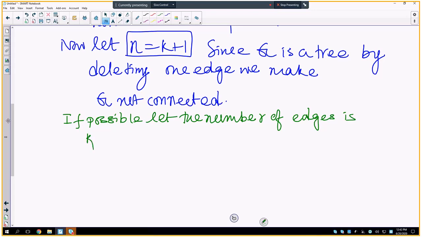If you have k plus 1 vertices, then the number of edges should be k, but I'm saying let it not be k. So how much is it? We'll say that it is k plus 1 or more. So I'll say the number of edges is greater than or equal to k plus 1.